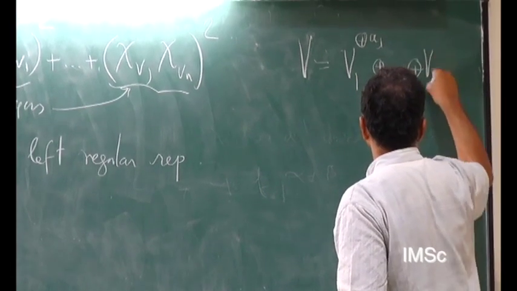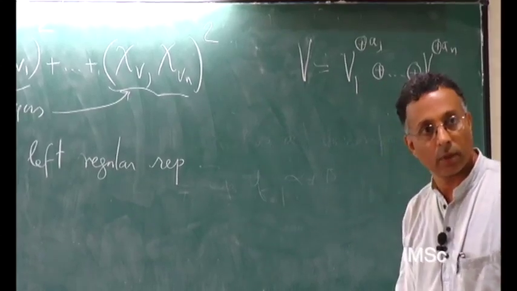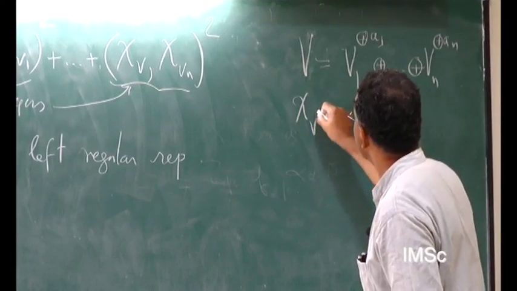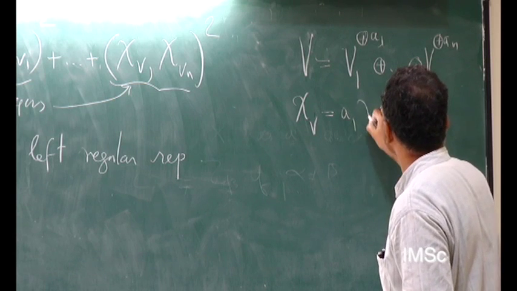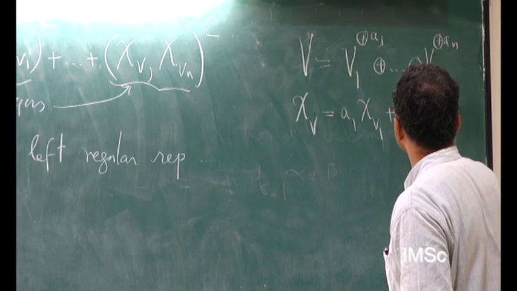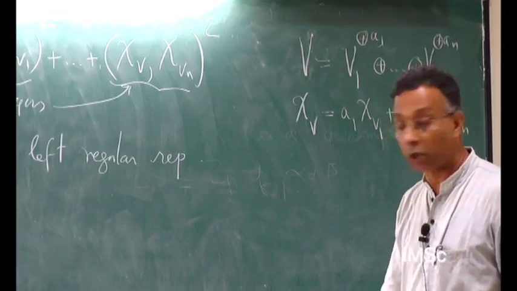You can do this, right? Then chi V is equal to a1 chi V1 plus an chi Vn on the one hand.